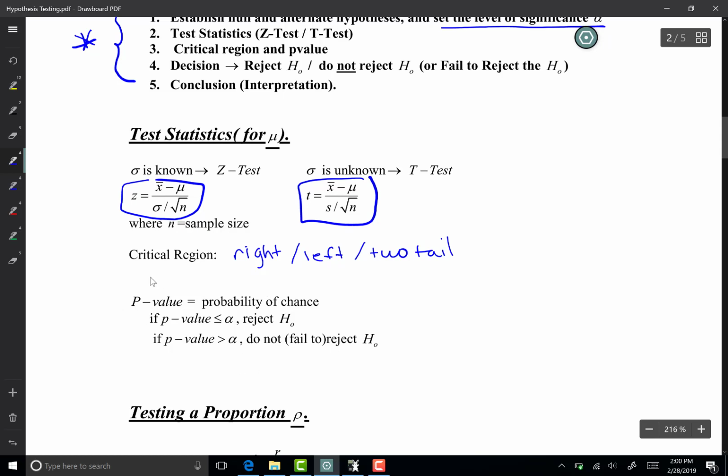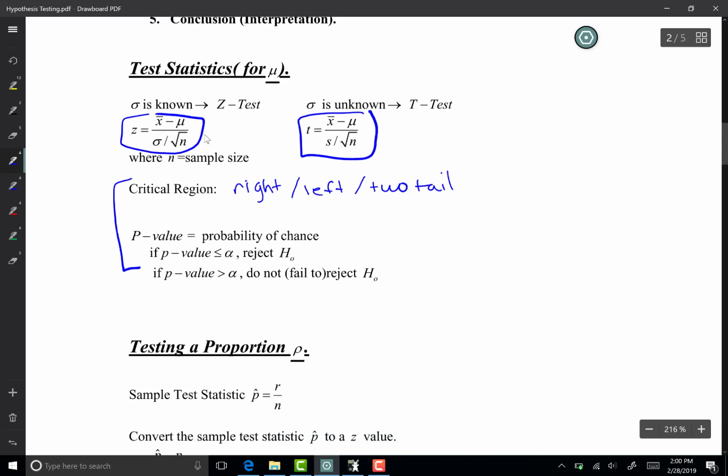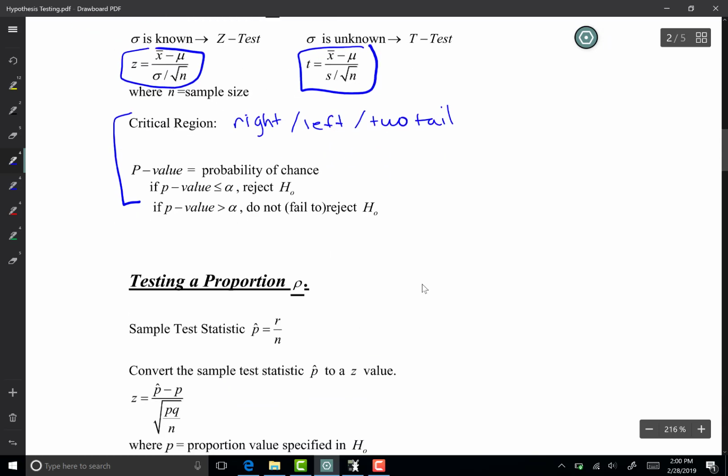And then the p-value. Basically the critical region and p-value are 2 different ways that we determine the decision, but they actually align with each other. If the p-value is less than or equal to alpha, we reject the null, and if it's not, then we fail to reject the null. Okay, so here's the formulas for a z-test and a t-test, and then down here is the formulas if we're dealing with proportions.